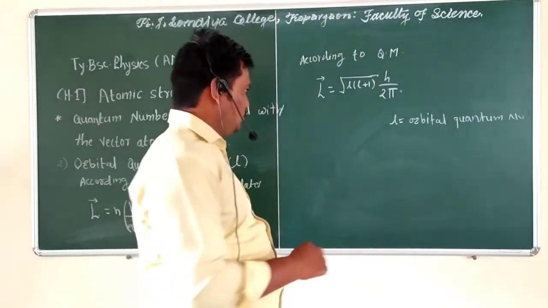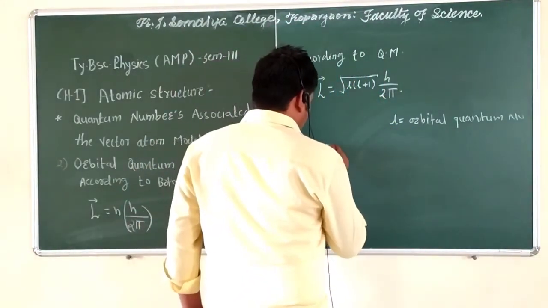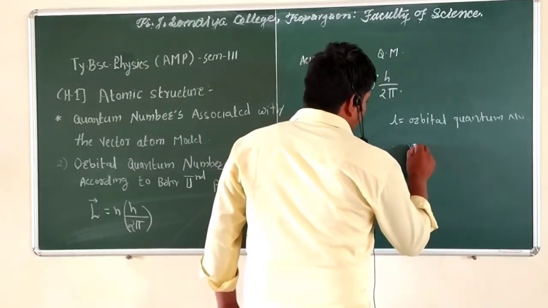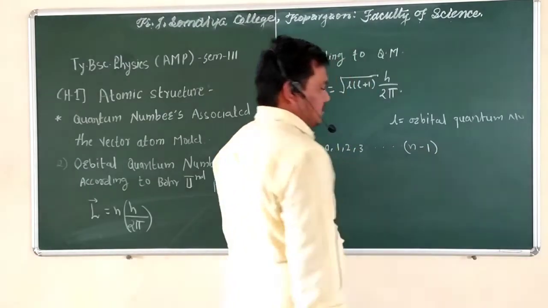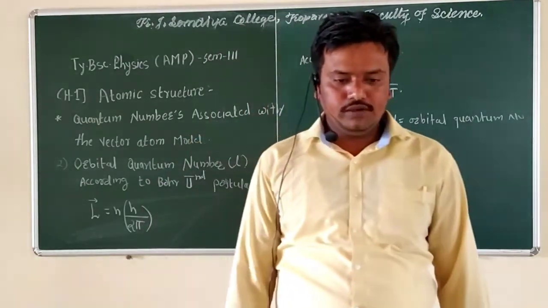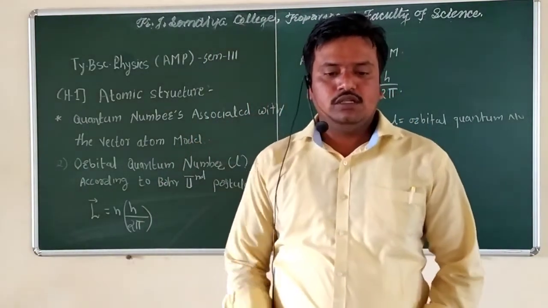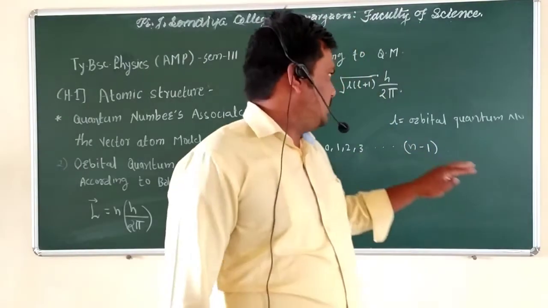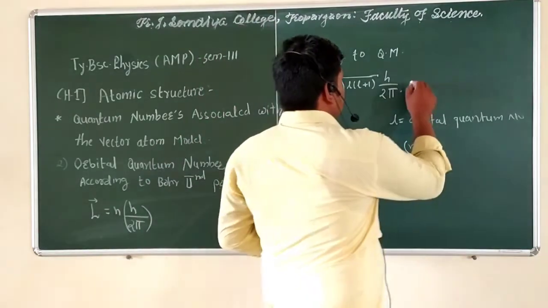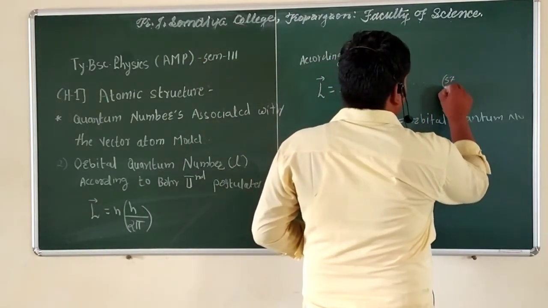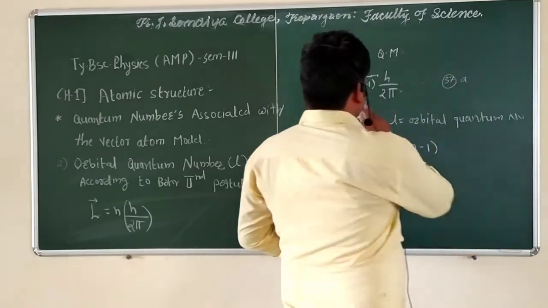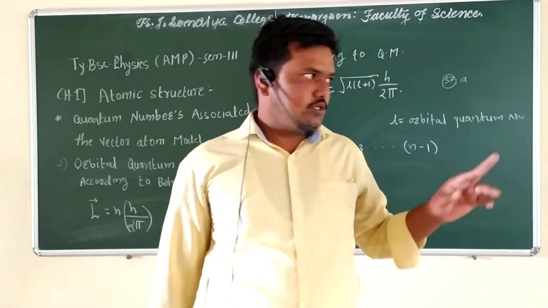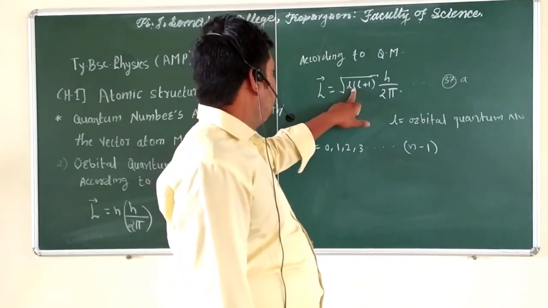This gives the value for L equal to 0, 1, 2, 3 up to n minus 1, where n is the principal quantum number. That is equation 37a.